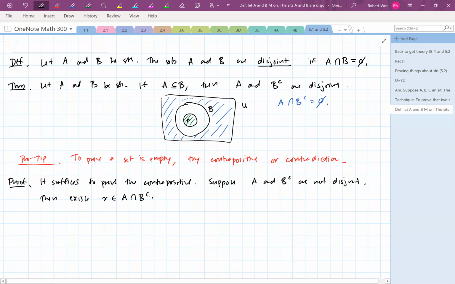That's what it means to say that A and B complement are not disjoint. But for this element X, it's in the intersection, so X is in A and X is in B complement. In other words, X is in A and X is not in B.